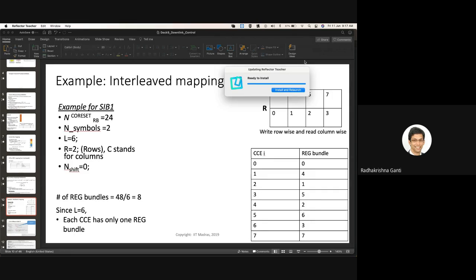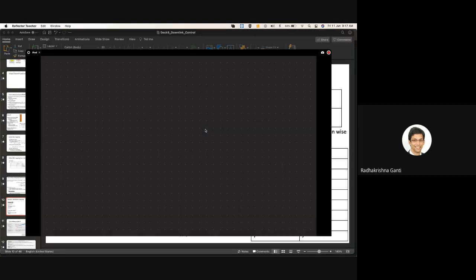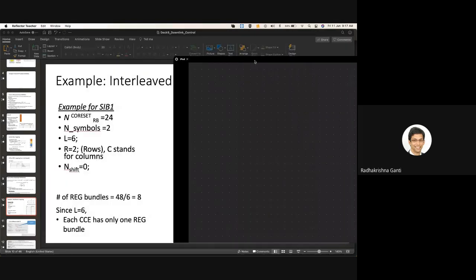So you have 48 resource element groups. The number of CCEs will be 48 by 6, which is 8 CCEs, numbered 0, 1, 2 up to 7.